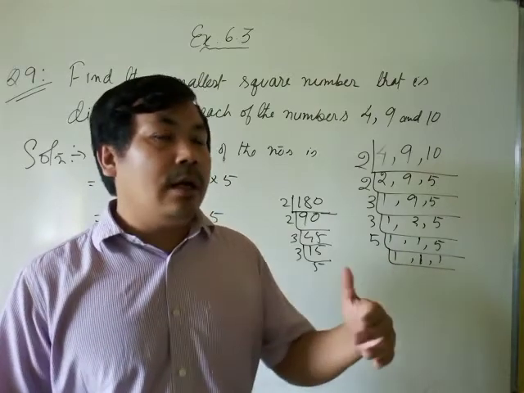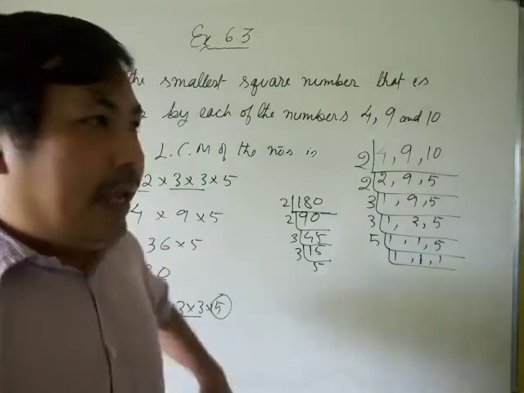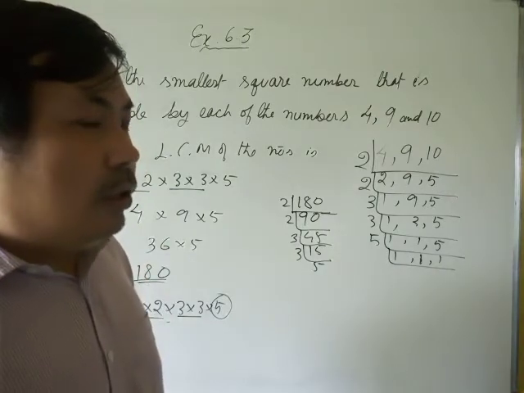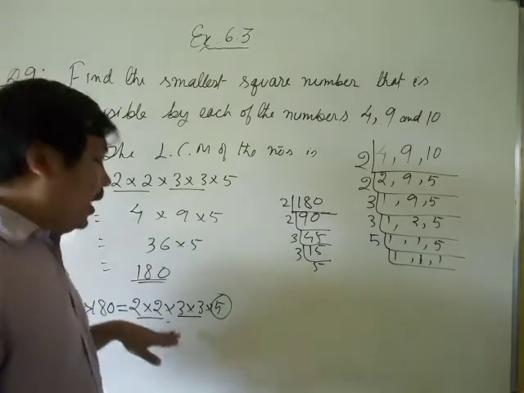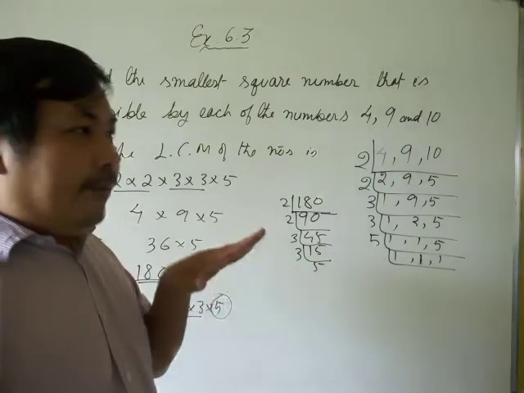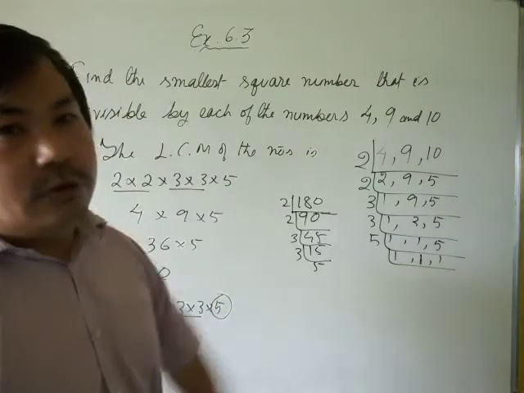We have to find the perfect square. Not this 180, 180 is not the answer. Yes, 180 is the LCM, but it's not the perfect square, so this is not the answer. We have to find which is a perfect square and also a common multiple of these three numbers.